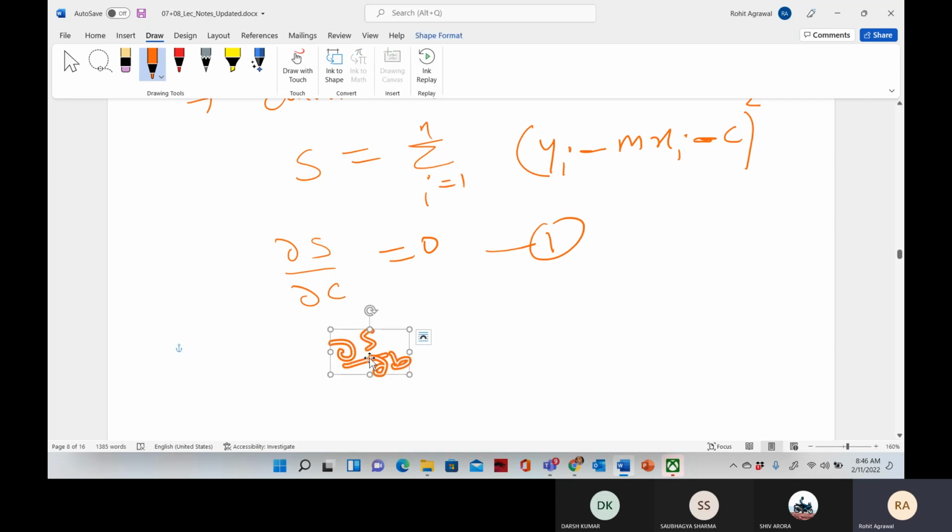Do you remember if you studied calculus? No problem. These are the two conditions for minimum.